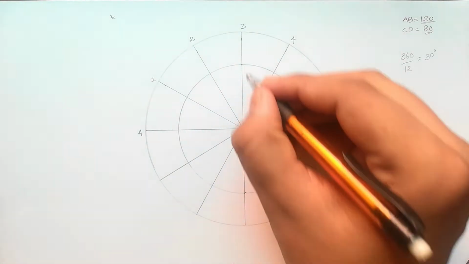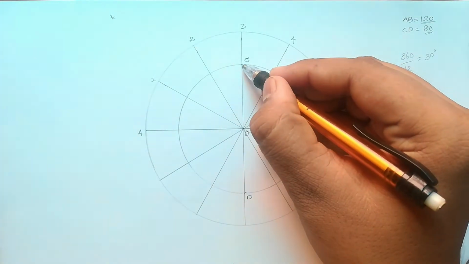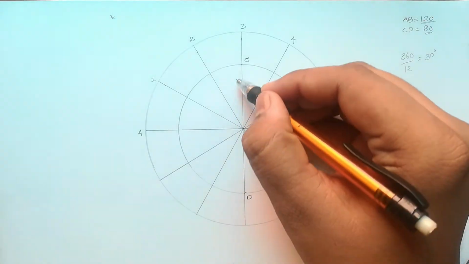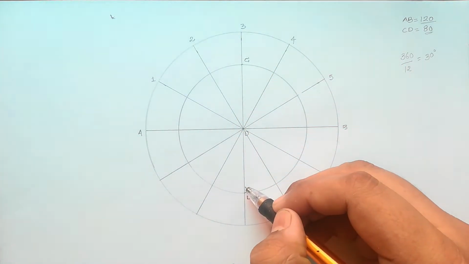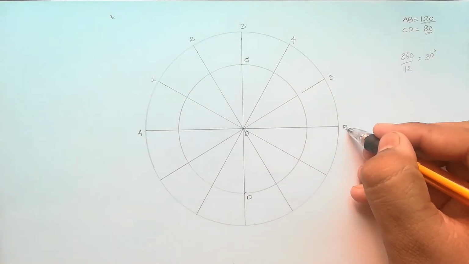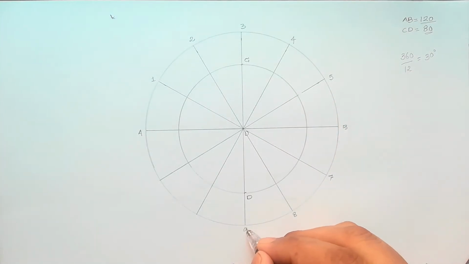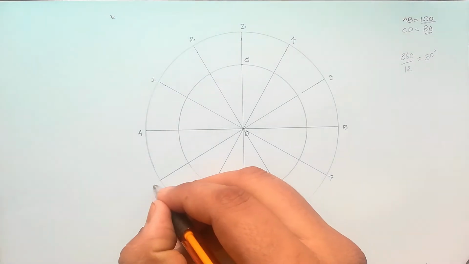This is my minor axis, that is C and D. As you can observe, this vertical line is my minor axis having the 80 mm diameter. This is my 5 point, 6 point, this is my 7th point, 8, 9, 10, 11.